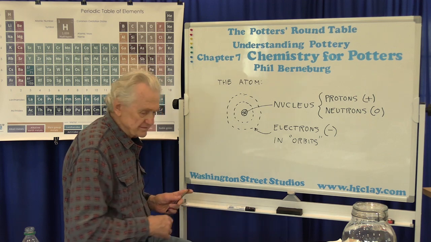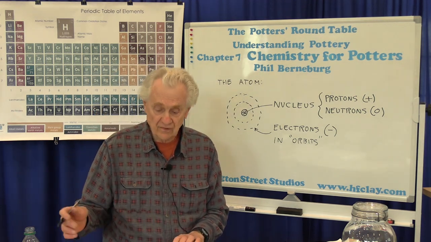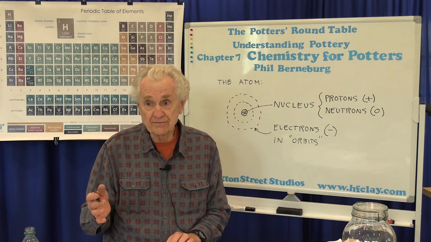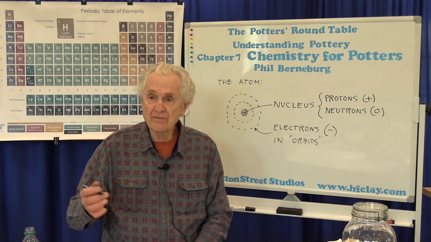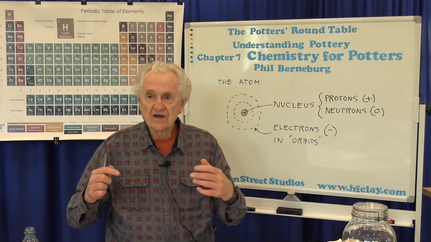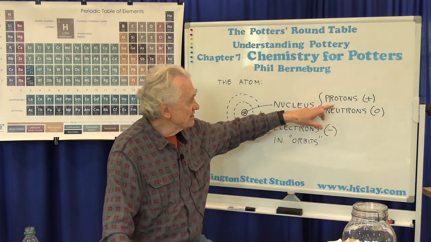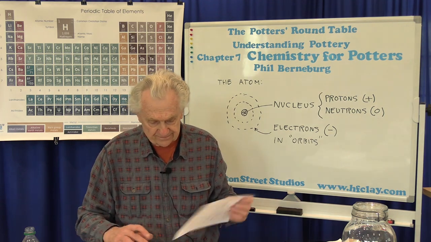To give you an example, aluminum is atomic number 13, but its atomic weight is around 27. Silicon's atomic number is 14, and its atomic weight is around 28. So the atomic number is the number of protons in the nucleus. The atomic weight is the number of protons plus neutrons in the nucleus.